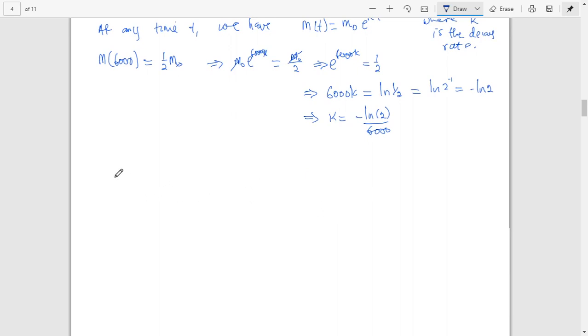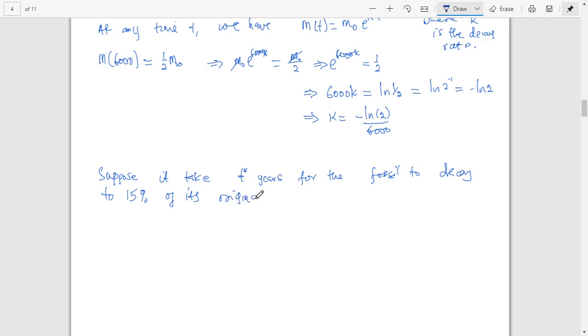Now suppose it takes t star years for the fossil to decay to 15% of its original or initial amount.